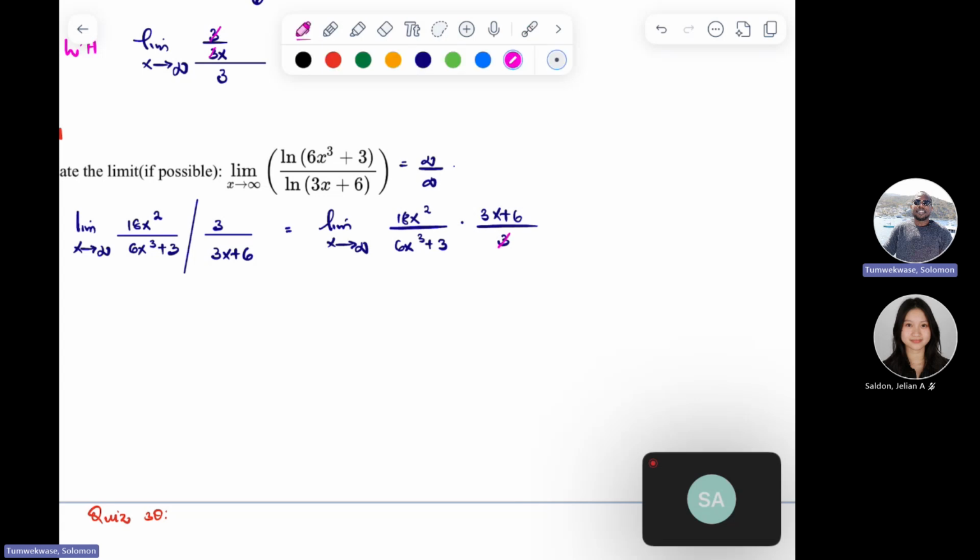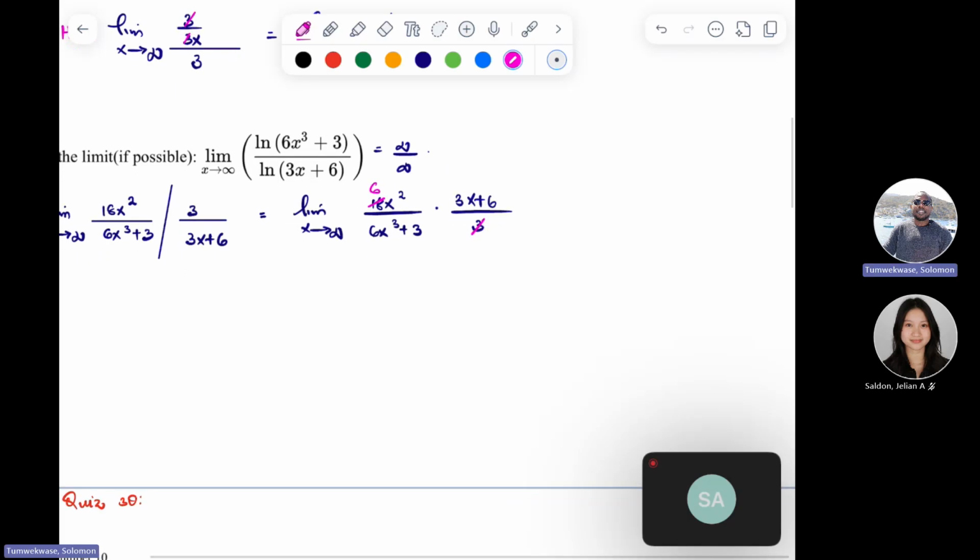This one can reduce this to 6, maybe. And finally, I have something like limit as x approaches infinity of 6x squared times 3x plus 6, then over 6x cubed plus 3.